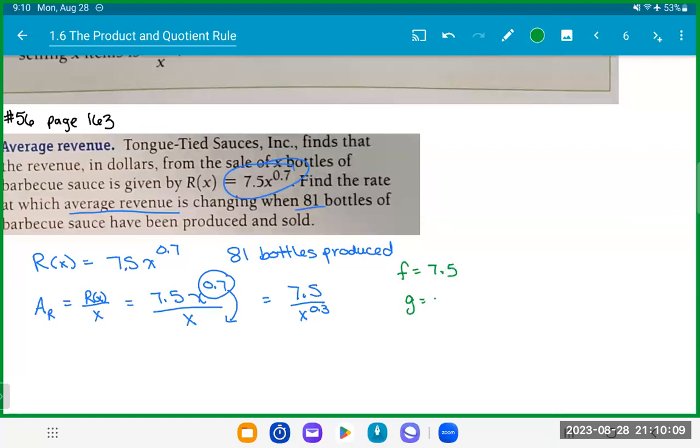My g function is x to the 0.3. My derivative of a constant is 0, and my derivative of x to the 0.3 is going to be 0.3x to the negative 0.7, because that's 0.3 minus 1.